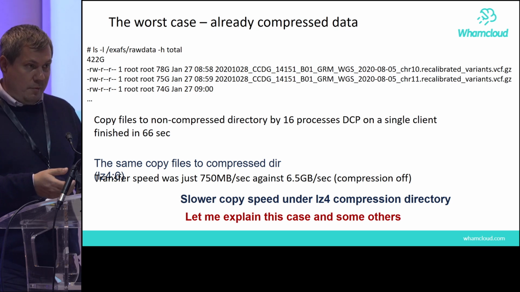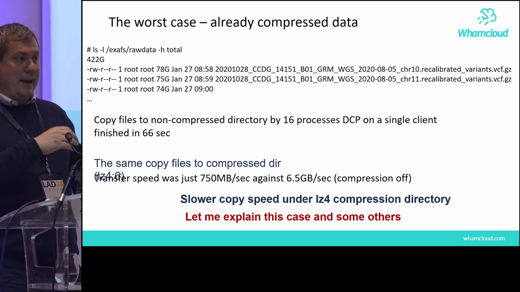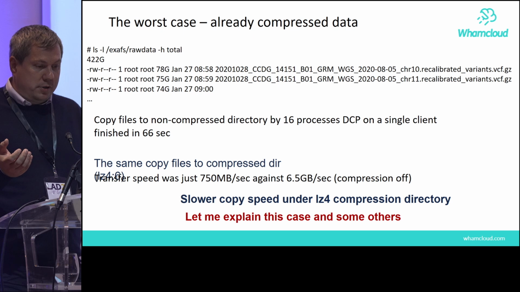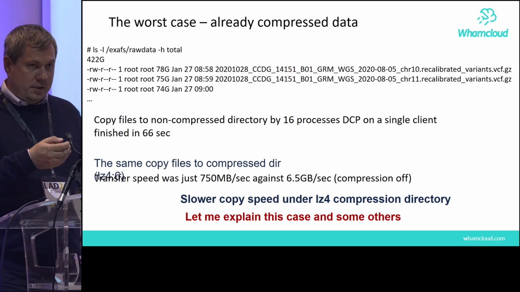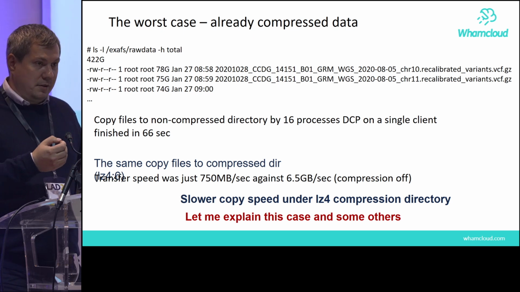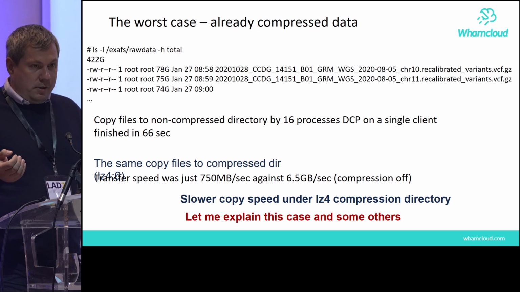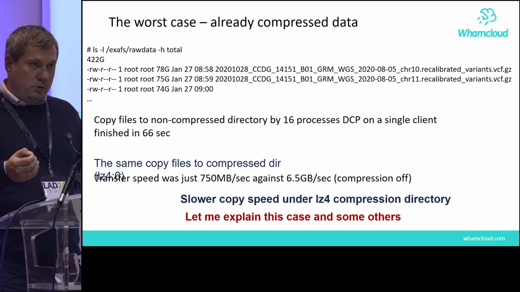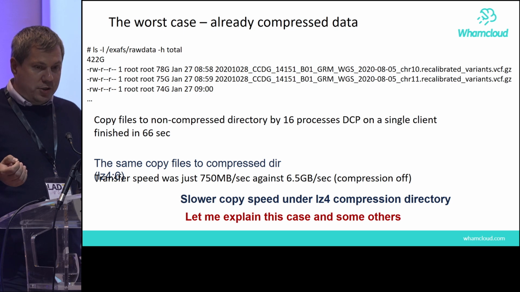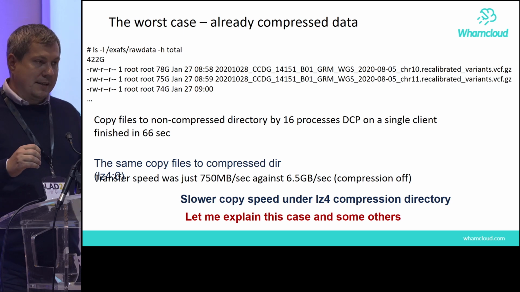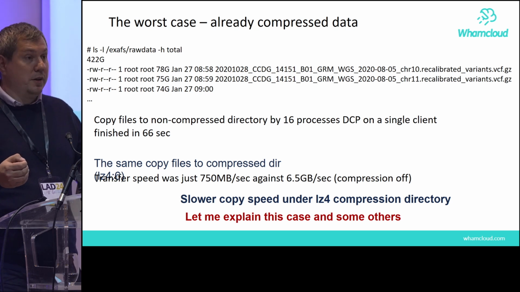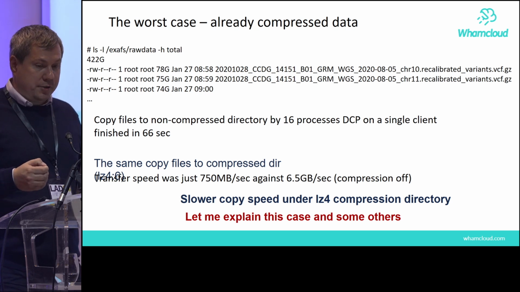So obviously, compressed data cannot be compressed again, and the only result of such an operation was that performance dropped down. And the question arises, why did performance go down? The answer: you shouldn't compress compressed data. Probably to avoid such a situation, we could add some means to skip such compression, and we did. I will show you later.